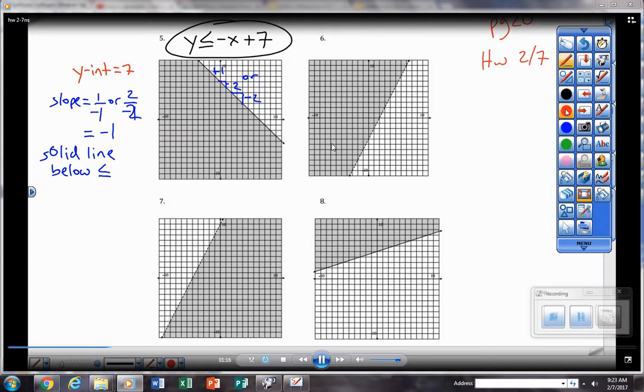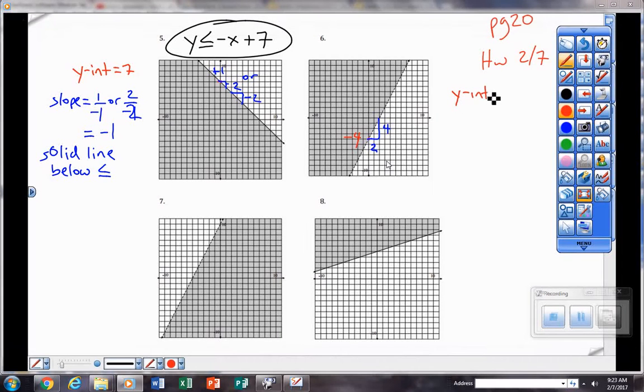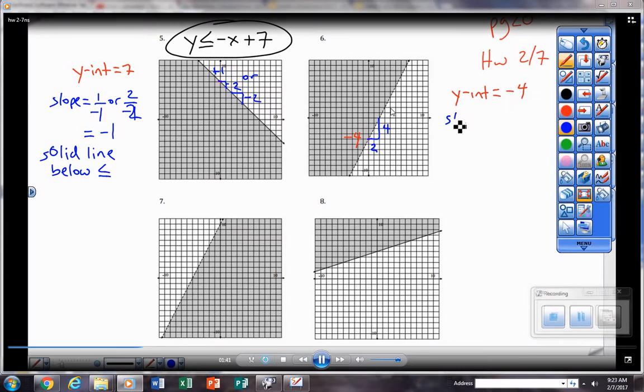Alright, the next three. Number 6 looks like it has a y-intercept of negative 4. If I do my slope over 1 up 2, or if I wanted to go over 2 up 4, same slope, you get a slope of 4 over 2, which is 2. So it has a y-intercept of negative 4 and a slope of 2. I am almost done. All I need is the right inequality and the right direction.